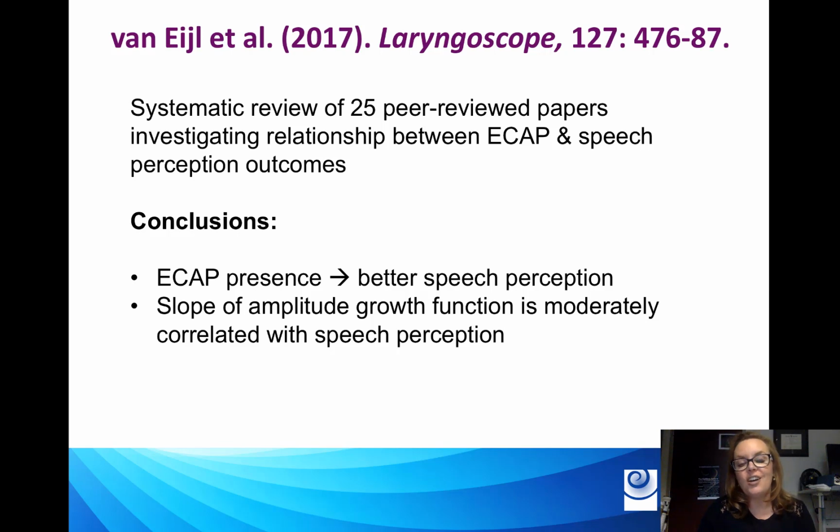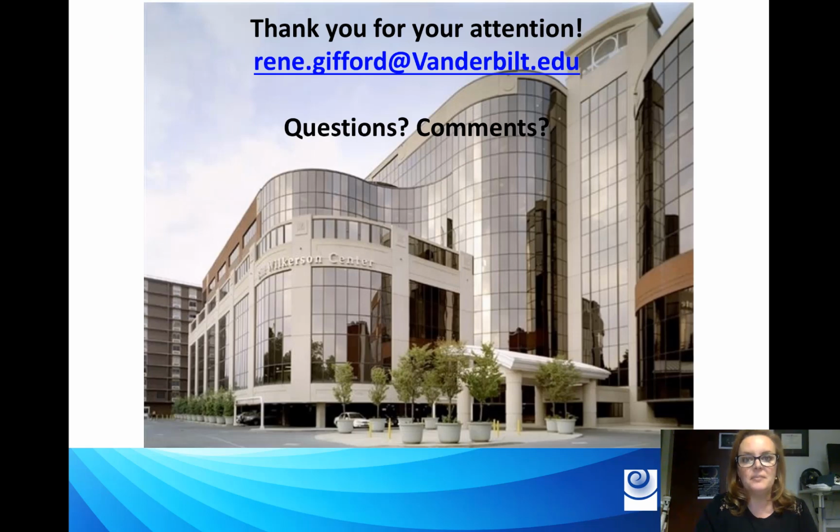And we're going to talk in our case studies about that, it actually does make sense because there are some animal data that have shown that the slope of the amplitude growth function may actually be a biomarker for underlying neural health, which we'll talk about when we get to our case studies. So that's all there is about that.